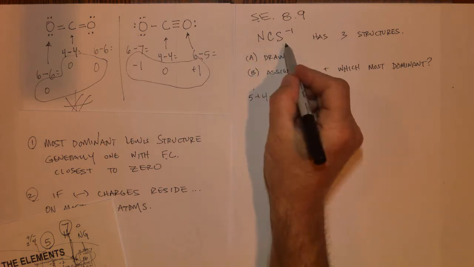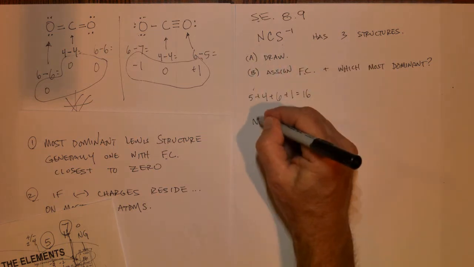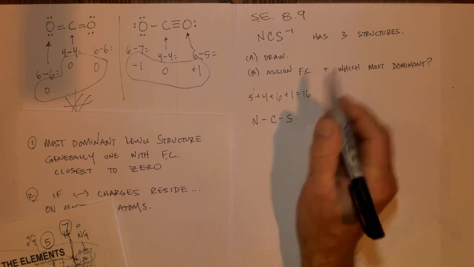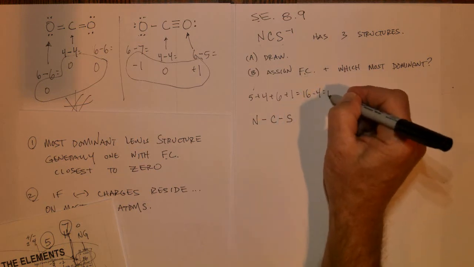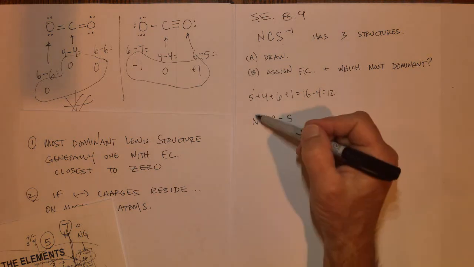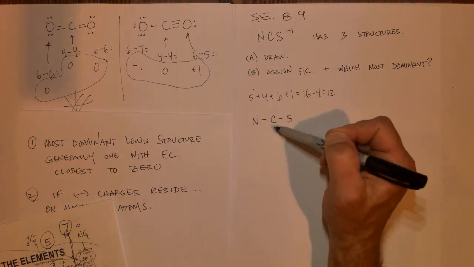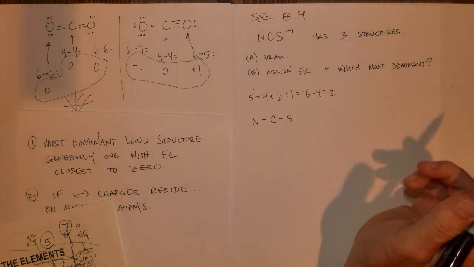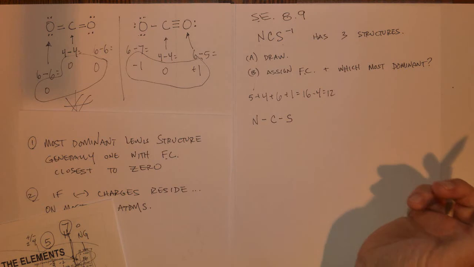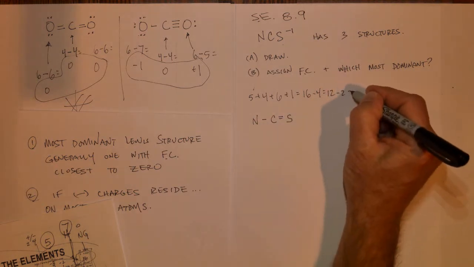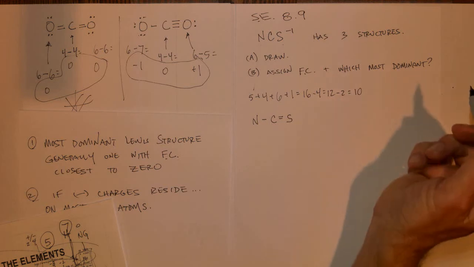Then let's just assume this is written in the correct order. So let's go N bonded to C bonded to S. We've used up 4 electrons, so 16 minus 4 means there are 12 electrons left. If we did 2, 4, 6, 8, 10, 12, we'd end up with not enough electrons around sulfur. So let's try a double bond right here. That uses 2 more electrons, and so I'm down to 10.